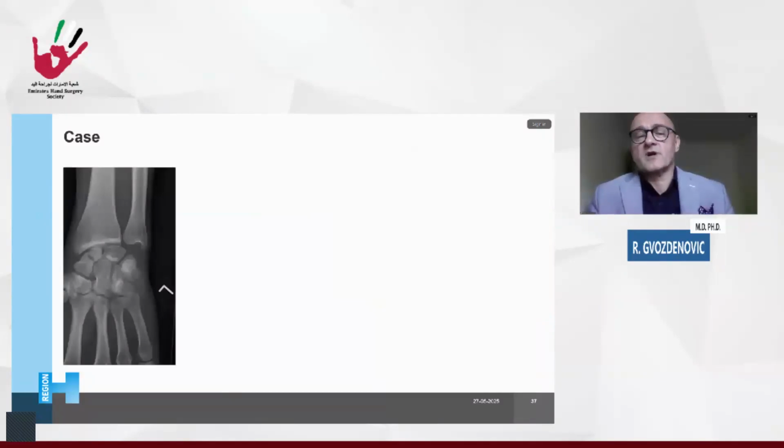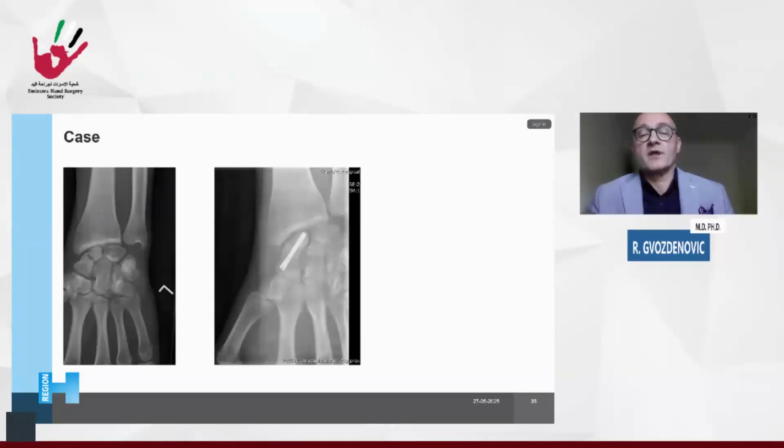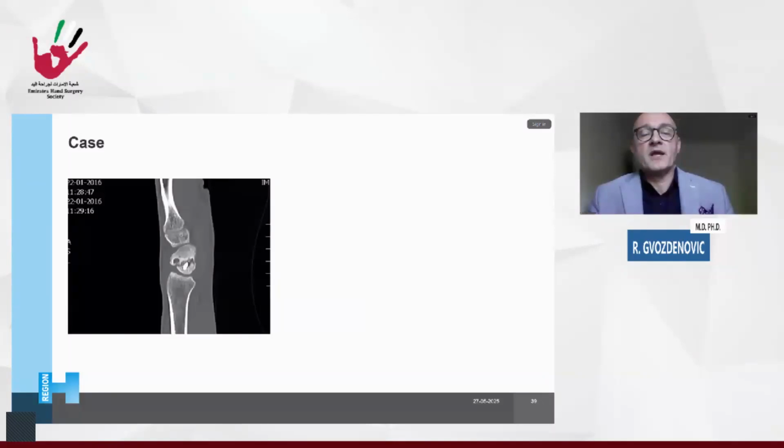Just a case demonstrating that surgeons doing these kinds of reconstructions need to know the whole armamentarium of treating these patients. This guy presented 2 months post-injury in our clinic, and he was fixed very beautifully by our younger colleagues several years ago, but eventually ended up in a non-union of what we call the proximal pole. And then we couldn't find any bleeding from this proximal pole.